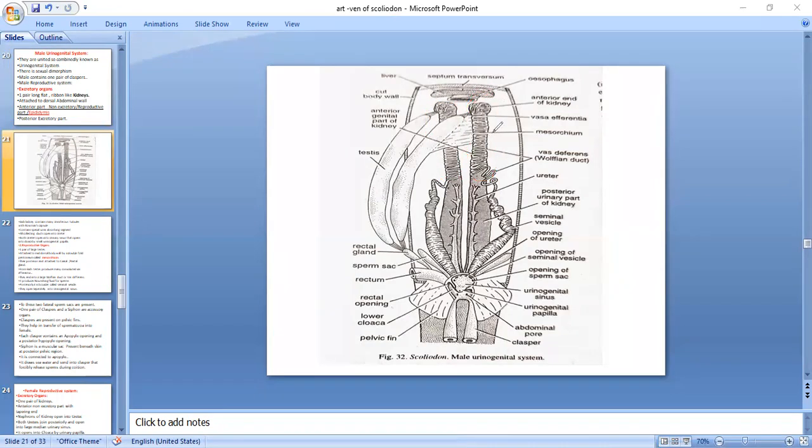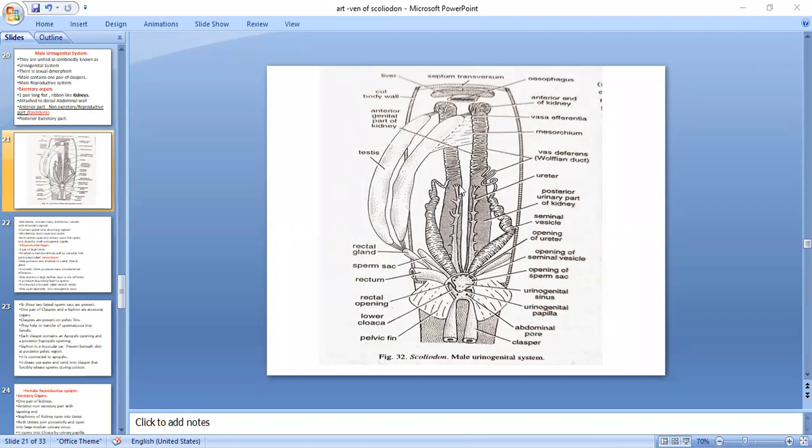And this one is the excretory part of the kidney, which contains many uriniferous tubules. The uriniferous tubules are nephrons, so they are present.